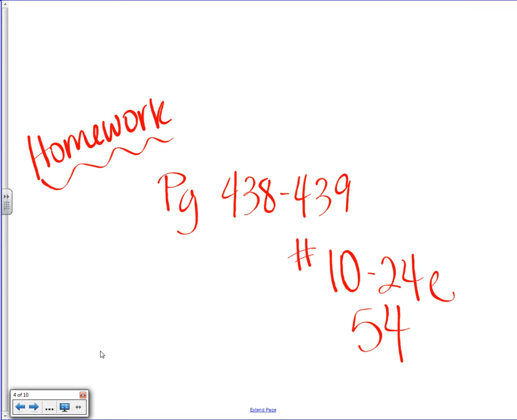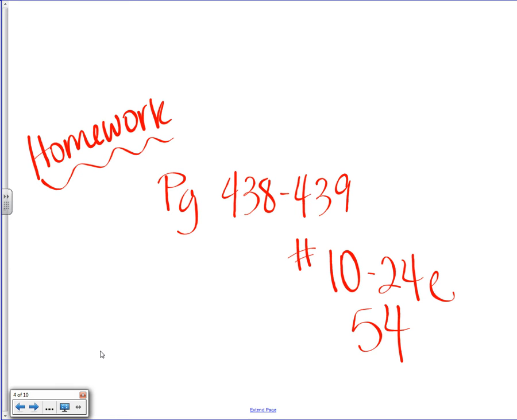All right, number 10. The exponential form is 9 squared equals 81. Number 12, 10 to the negative 6th equals 1 over 1 million. Number 14, 8 to the 0 equals 1. Number 16, x to the n equals m.